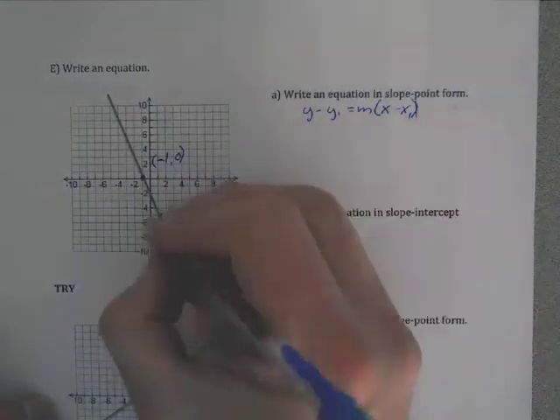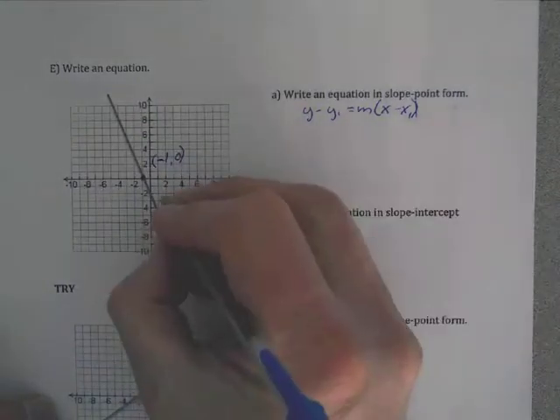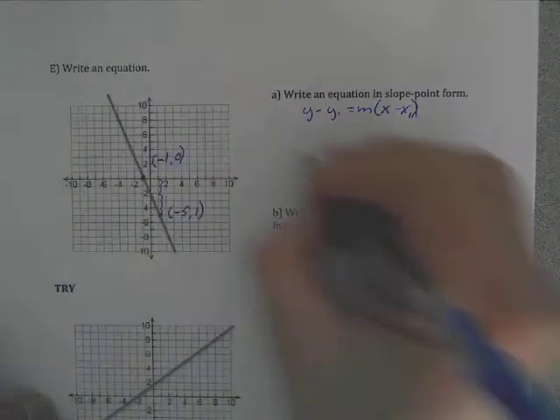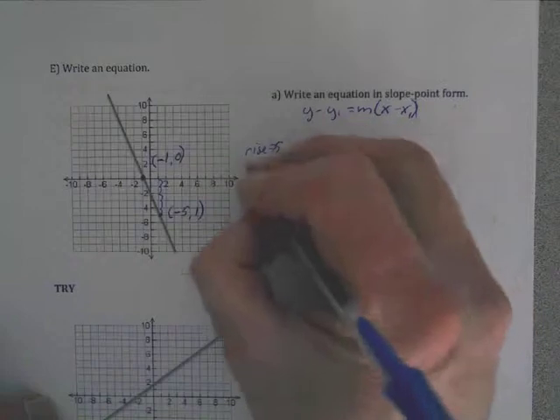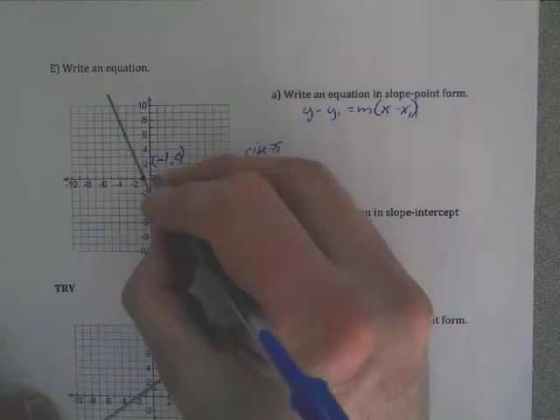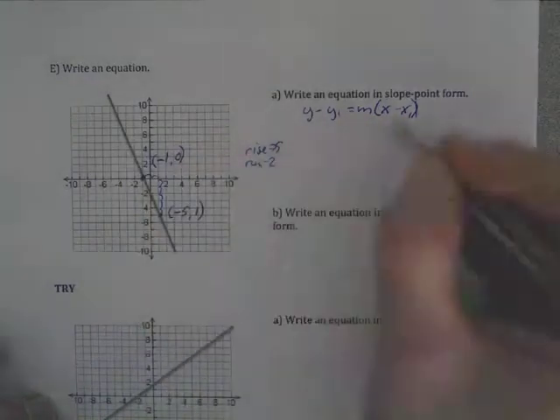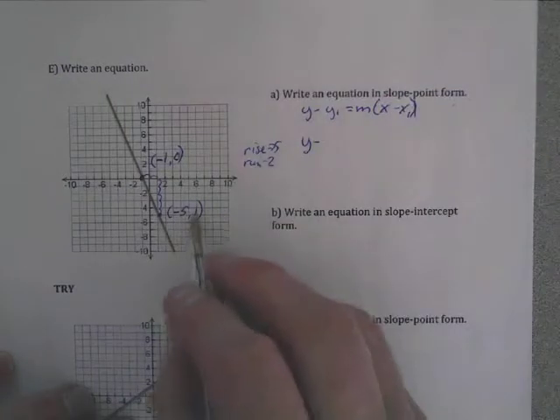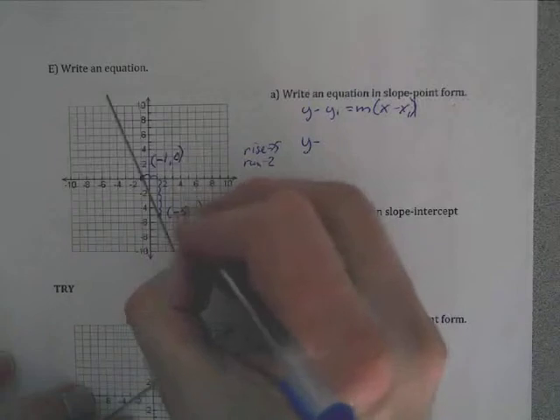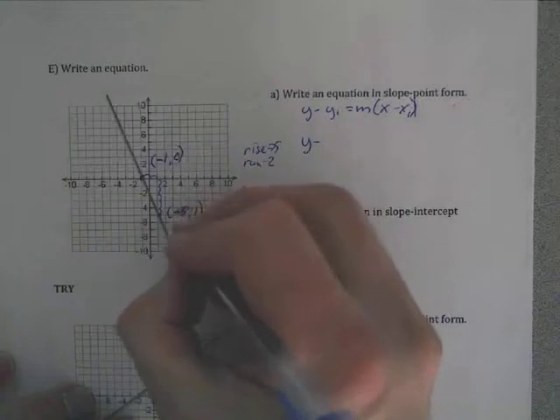So 1, 2, 3, 4, 5. It goes up 5, it rises 5, and it runs back 1, 2, negative 2. So y minus, I'm going to take my... this is done wrong, this should be 1, negative 5, sorry.